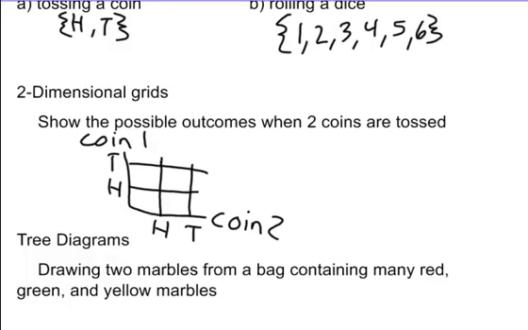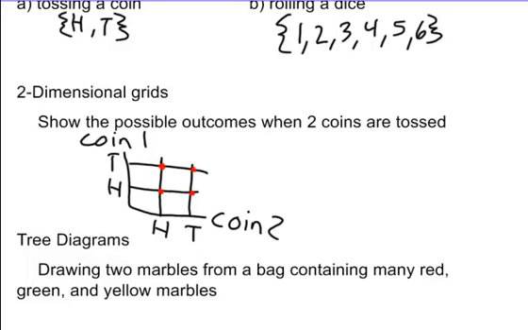Now, we can either get a heads on coin 1 and a heads on coin 2, or a heads and a tails, or a tails and a heads, or a tails and a tails. So we can see here that we're going to have 4 different types of outcomes. The idea here is to show that we have 4 different types of outcomes.